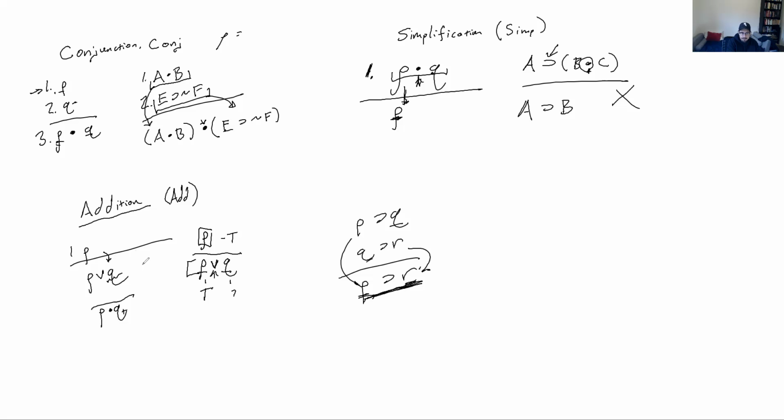But here, addition is not claiming that Q is true. It's not providing any indication that Q is true. There's no small amount of support that Q is true. It's only recognizing the possibility. And that's not the same thing as evidence, or indication.